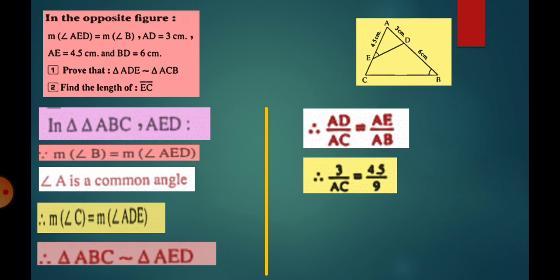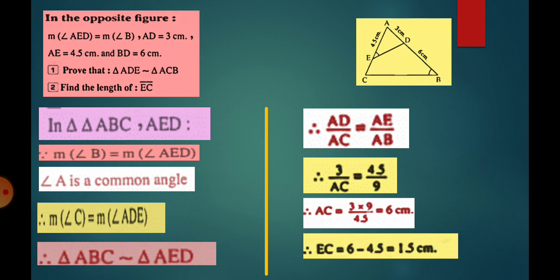Then AC equals 3 times 9 over 4.5 equals 6 centimeters. The length of AC equals 6 and the length of AE equals 4.5. Then the length of EC equals 6 minus 4.5 equals 1.5.